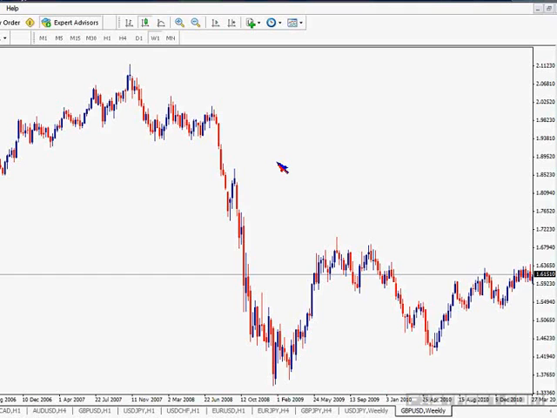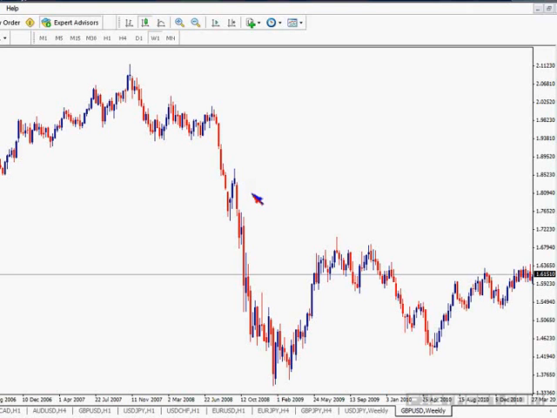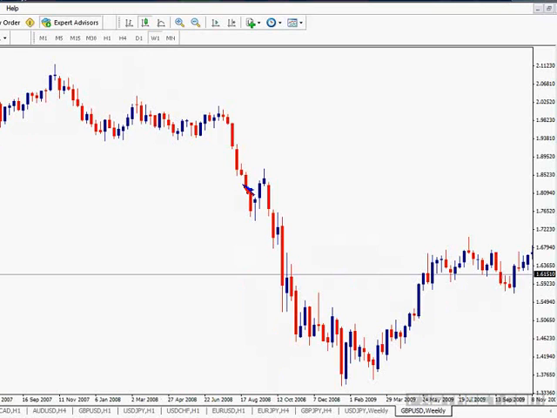I will put the chart smaller again because if you take a look, you will see that we have this one, but we also have this one right away. This second one is what we call a continuation gap, also called a runaway gap.